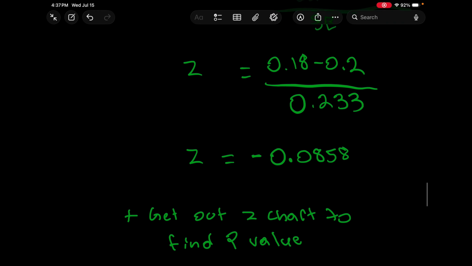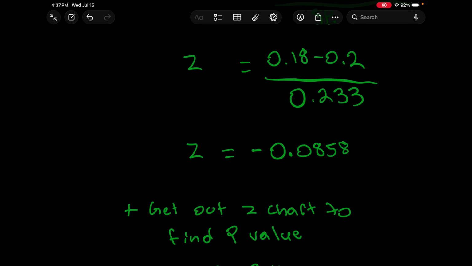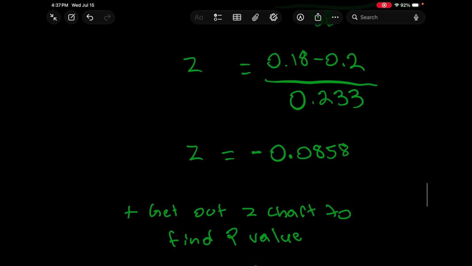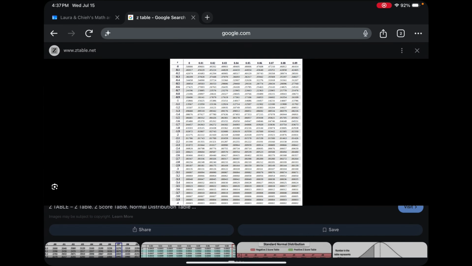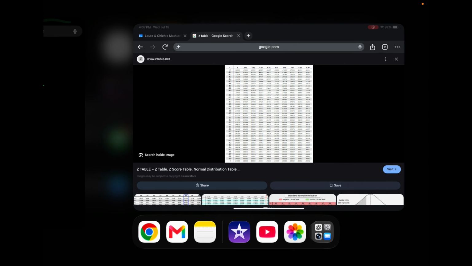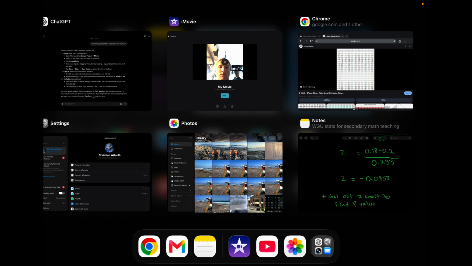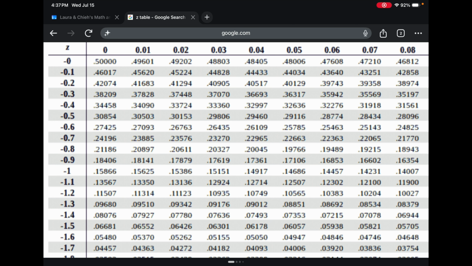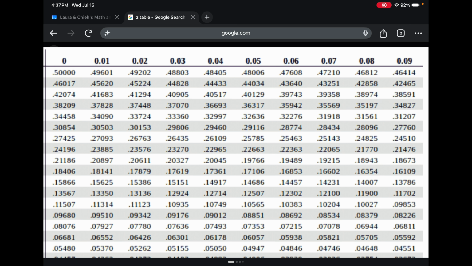Okay, so flipping onto Canvas as well, there's a link for a z-chart. We'll use this to find our p-value. So let's all open that. I'm going to scroll to it here. We said our z-value was 0.0858. We look up here, it's between 0.08 and 0.09.